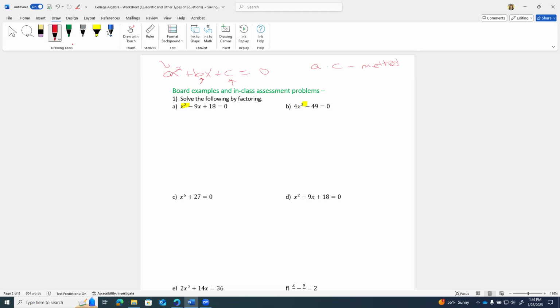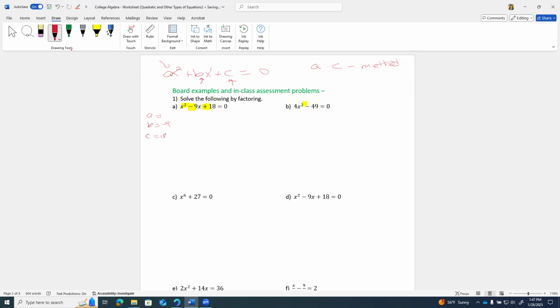Once it's written like that, we are able to recognize it. So in A, we see that A is 1, B is -9, and C is 18. The sign on C tells me if I add or subtract. Since this is a plus, we know we're adding. The sign on B is the sign we're going to want.